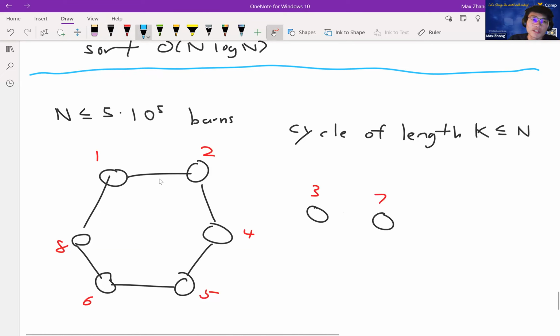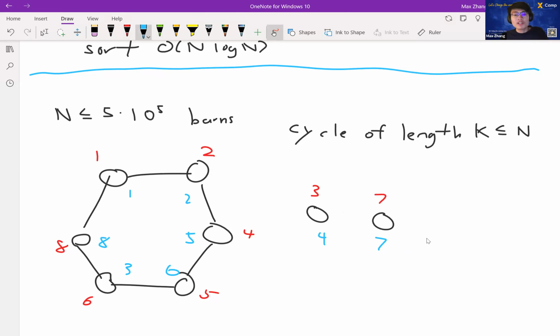And the other cow labels it 1, 2, 5, 6, 3, 8, and these isolated ones 4 and 7. So there are two different labelings on this graph.